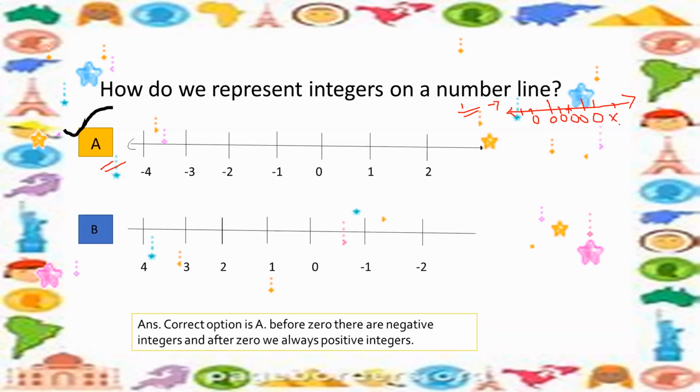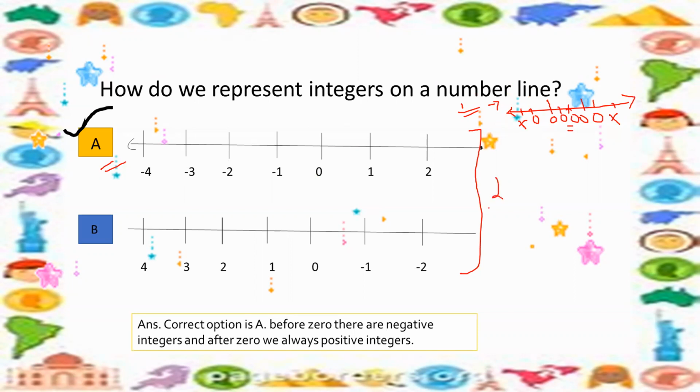But 0 cannot be at the last place. So the first case is clear. The first case is correct in both options. Mainly 0 is in the middle, not at the second last place. It is rarely elsewhere, but it is mainly in the middle.